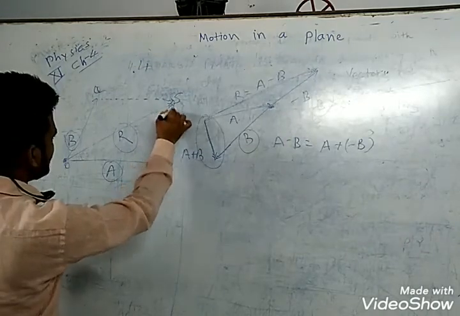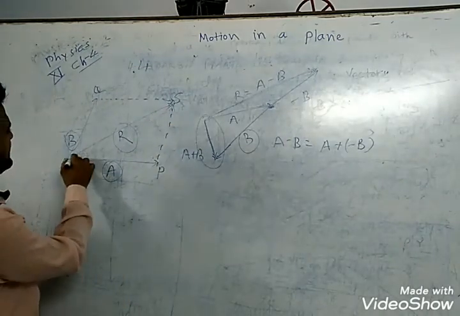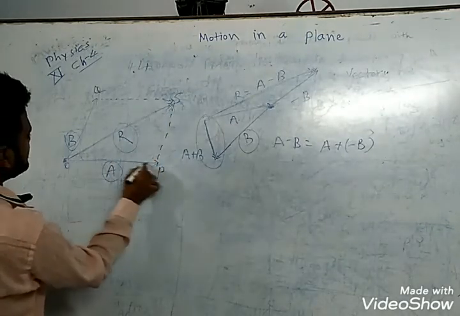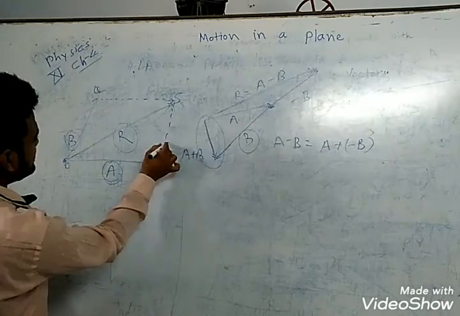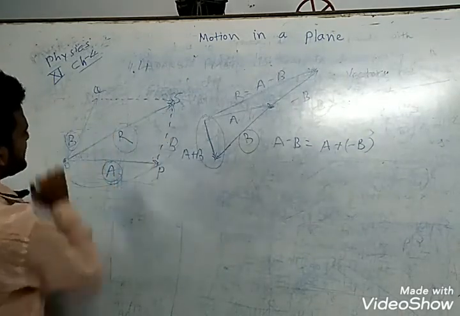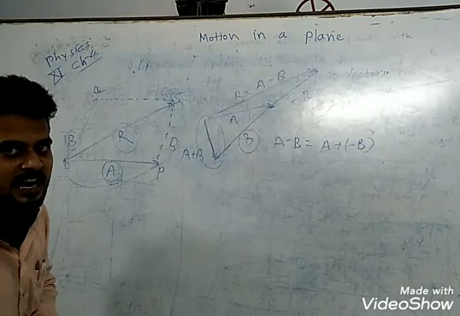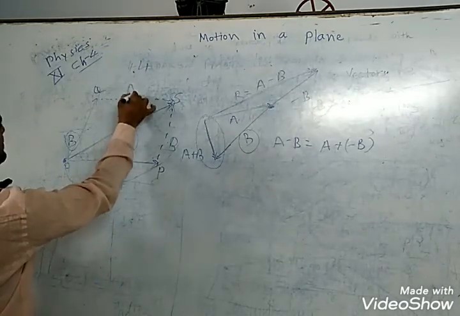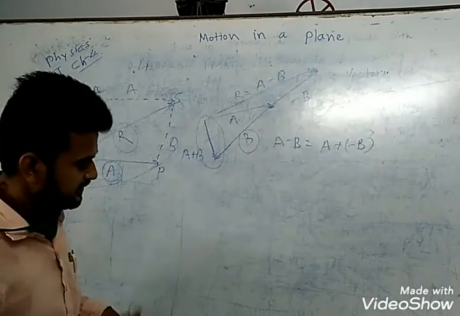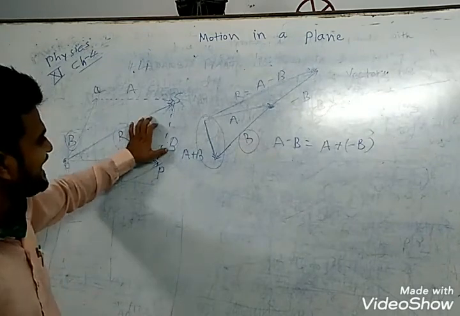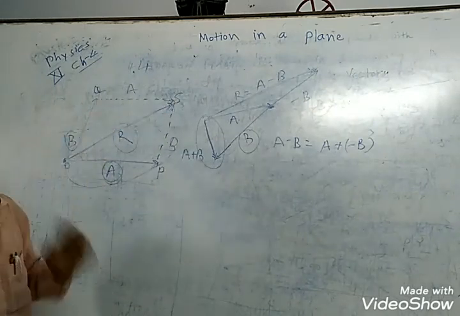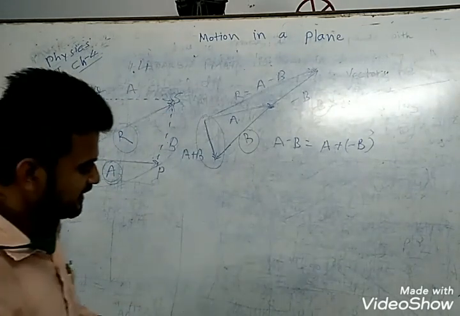Again the same for the second one. So we get the resultant of these vectors, one type of triangle addition. This is the parallelogram method. The parallelogram method of vector addition is equivalent to the triangle method.